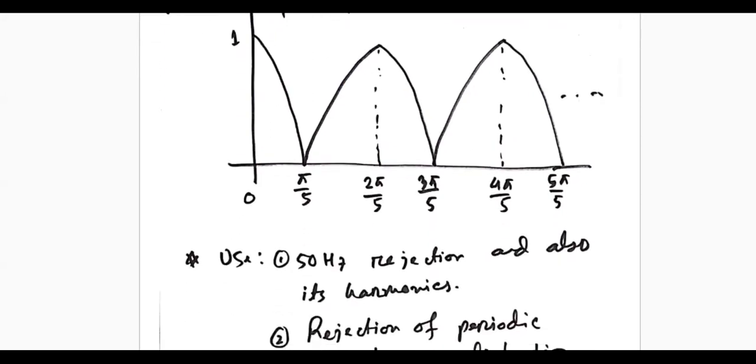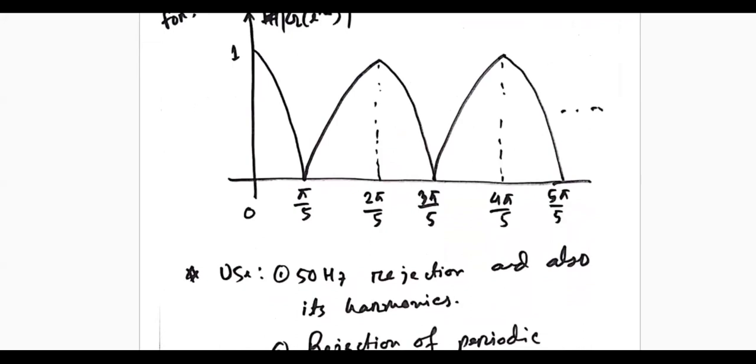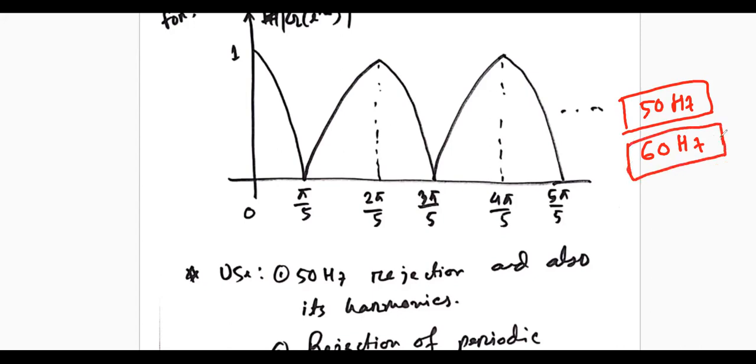First of all, the purpose of designing this sort of filter is to reject the 50 hertz and the harmonics of that. As you know, in almost all cases we have the power line carrier frequency: for Bangladesh, that is 50 hertz, for USA, that is 60 hertz. The British ruled countries follow this 50 hertz, and the USA and allies are following this 60 hertz.